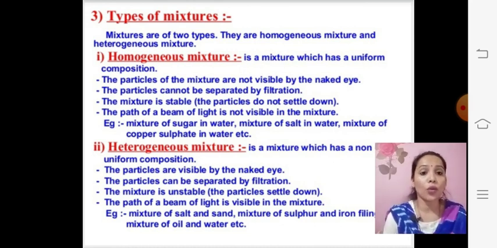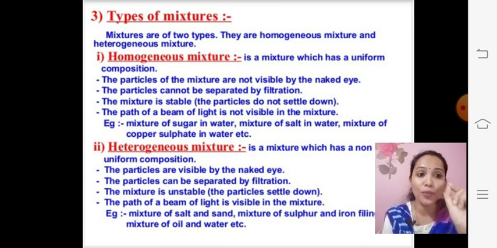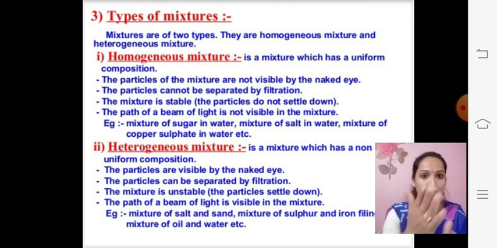Now, another property is that since the particle size is more than 1 nanometer, I had told you that the particles can be seen in a heterogeneous mixture. So, they have the ability to scatter the beam of light and make the path of light visible to you. Remember, when I was explaining homogeneous mixtures, I showed you.